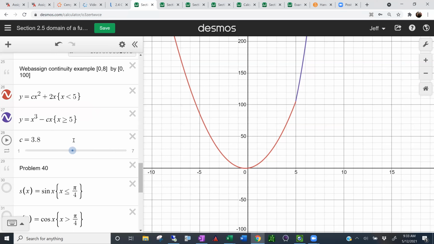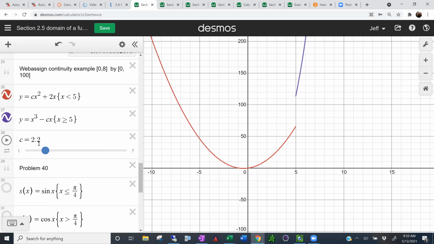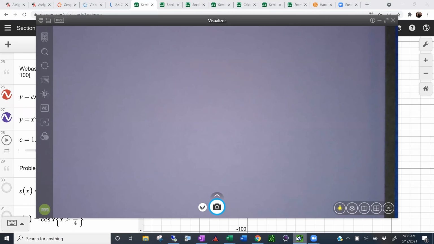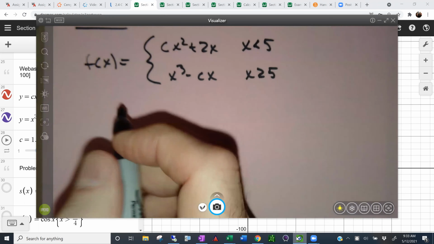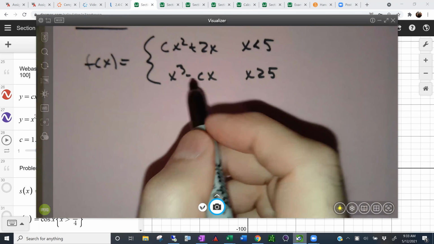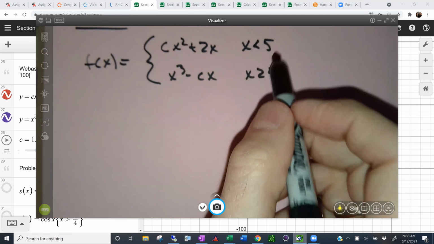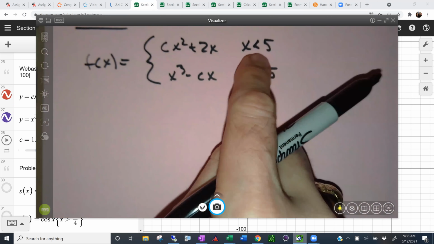Well, let's go back to the idea that we were working with earlier. That is, the limit at a point means that the limit from the left and the limit from the right have to be equal. So let's look at those things. If this is going to be continuous, then the big point that we have to worry about is what's happening at 5.